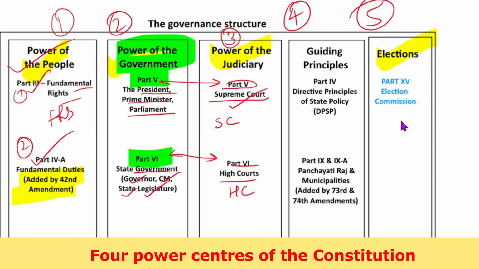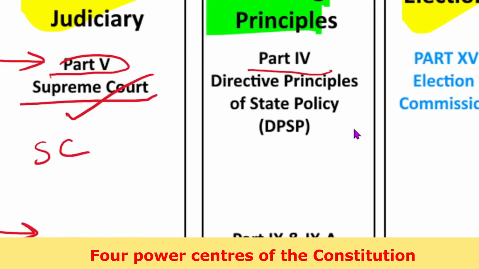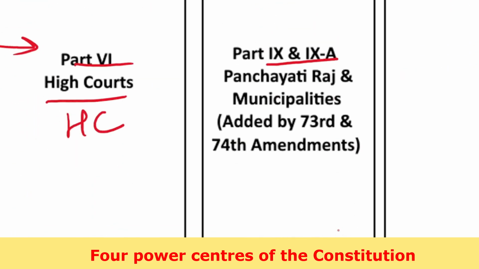Okay. So the last pillar of this constitutional framework is the guiding principle, and we have got 2 important parts here. Part 4, that is Directive Principles of State Policy, we call it DPSP, and Parts 9 and 9A, that include Panchayati Raj and municipalities, which were added by the 73rd and 74th Amendment.